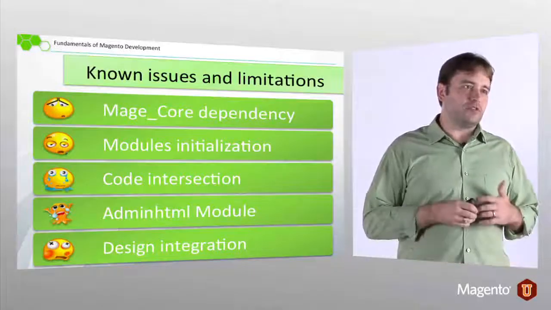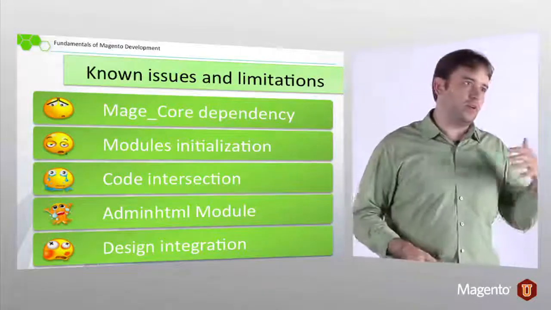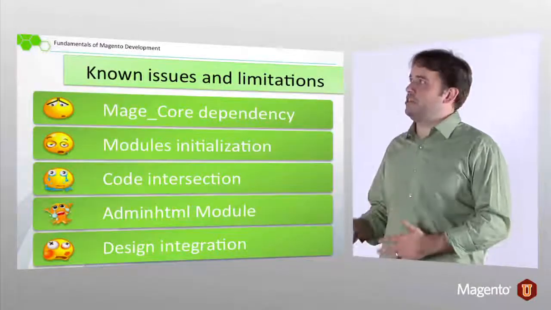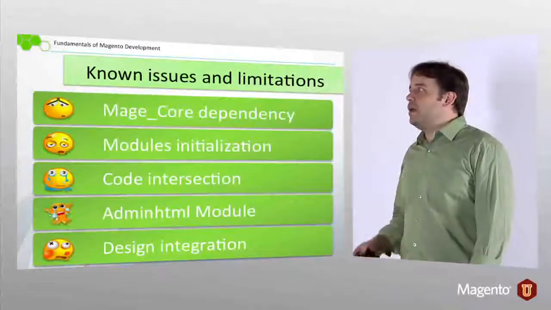Most of the other parts and pieces in the system will extend from here or from the Varien library. Obviously, if you were to remove the Magento core, you would not have a functioning system. So that's one of the issues. I couldn't ever see a reason why you would want to deactivate the Mage core. But just be aware that that's the main part of the system.